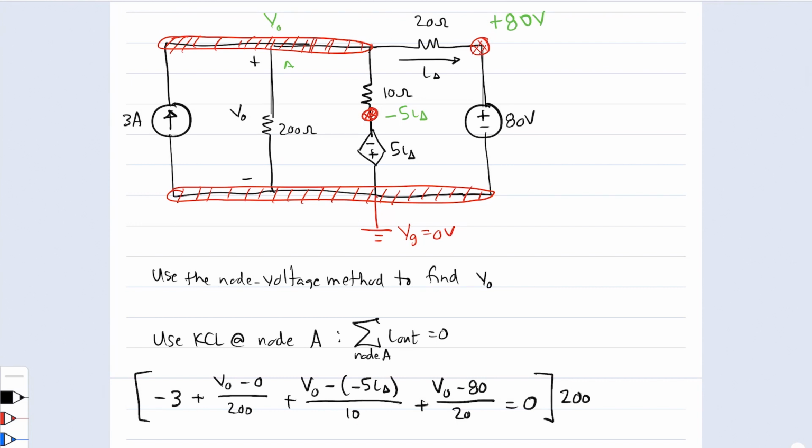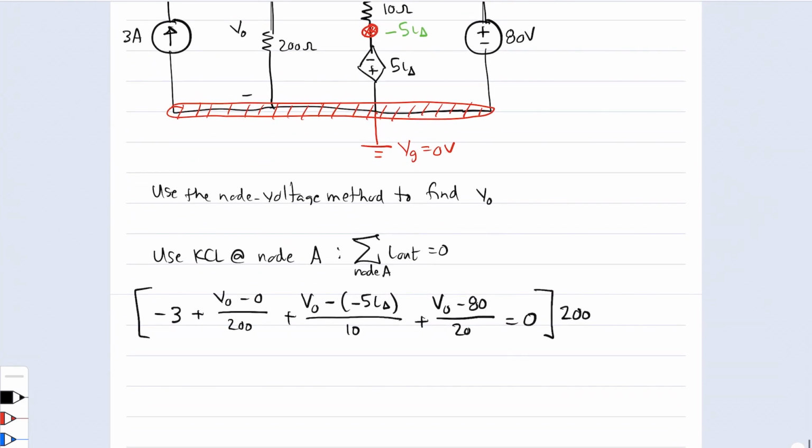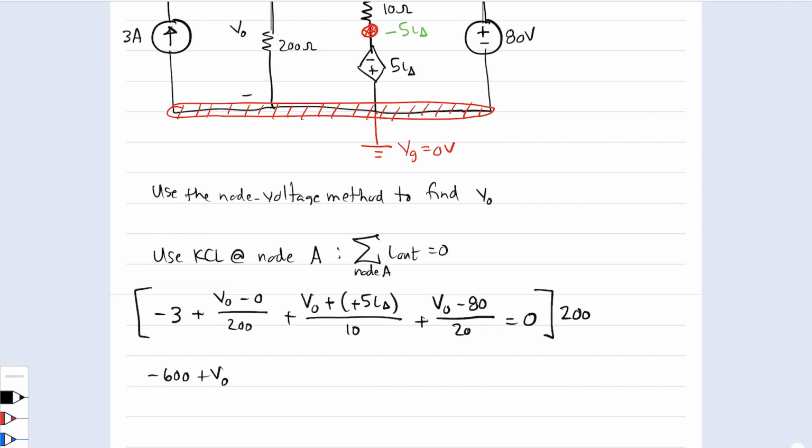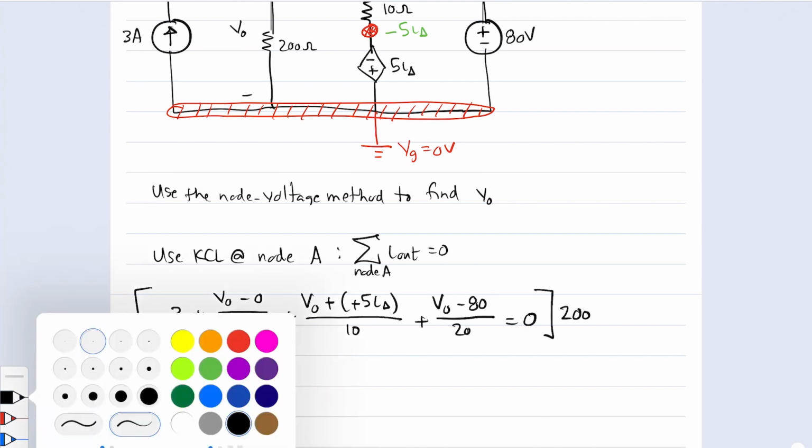So I'm going to multiply everything through by the common denominator of 200, in which case I get 200 times minus 3, that's minus 600. 200 cancels out cleanly and left with plus V naught. This minus sign, that minus sign gives rise to a positive sign. 200 divided by 10, that's 20.